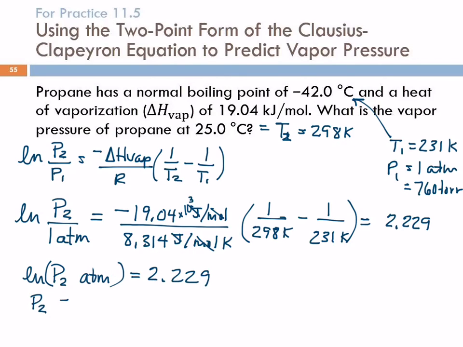Sorry. P2 equals e to the 2.229. And the unit will be atmospheres. So pressure 2 is 9.291 atmospheres.